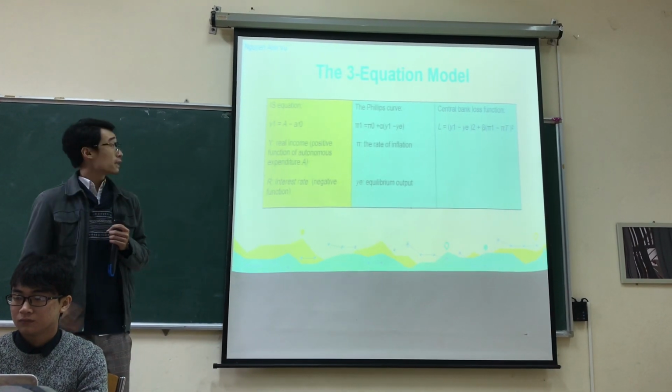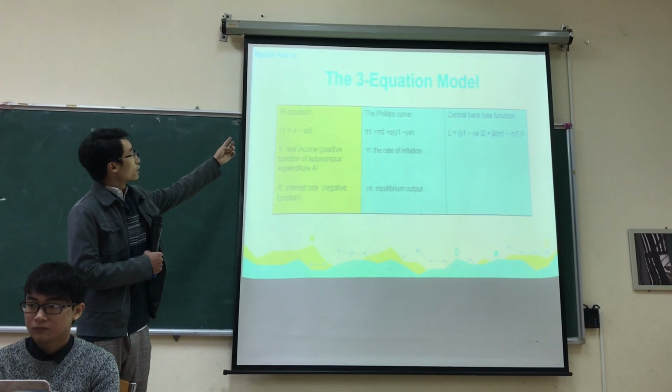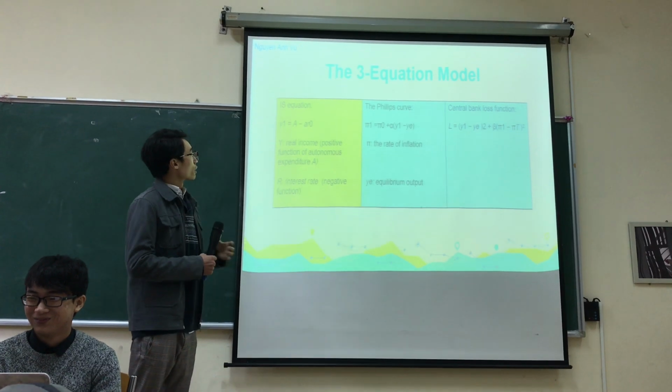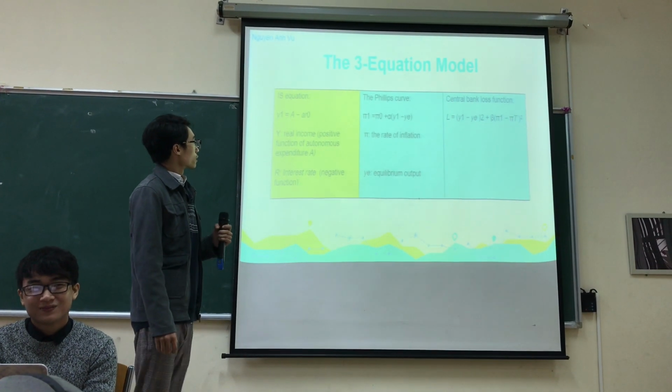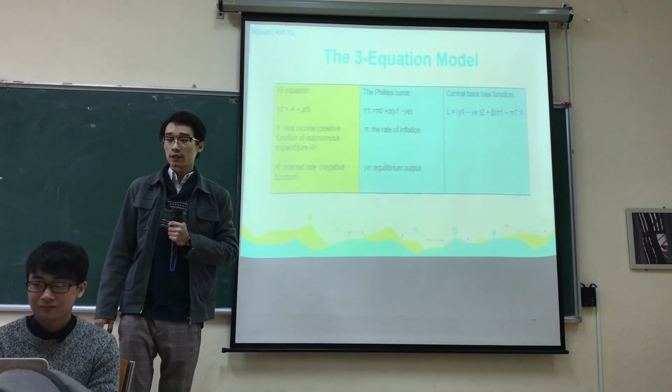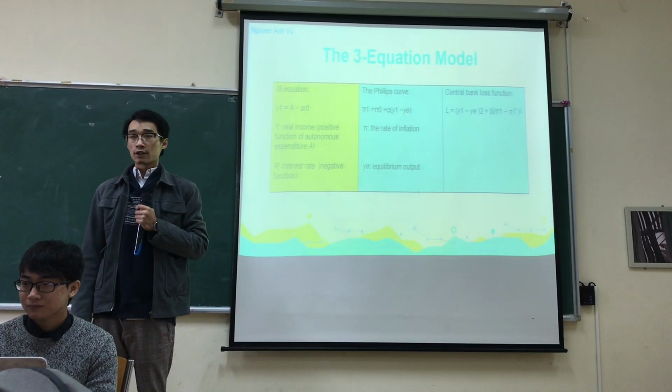Here is the equation of the IS curve, where y stands for real income, a positive function of the autonomous expenditure A, and r is the interest rate with a negative function.